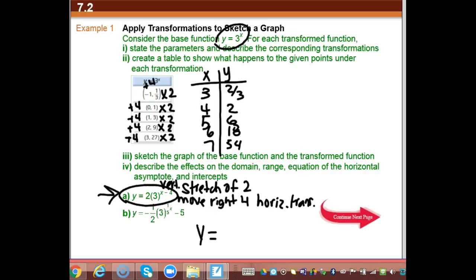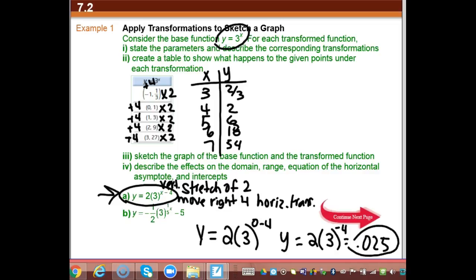So you would go y equals 2 times 3 to the power of x minus 4, and then you'd put 0 in for x. So y is equal to 2 times 3 to the power of 0 minus 4, which is just minus 4. On your calculator, you'd go 3 to the power of minus 4 times 2, and you'll get 0.025, or you might get a fraction of 2 over 81. So that is our y-intercept.